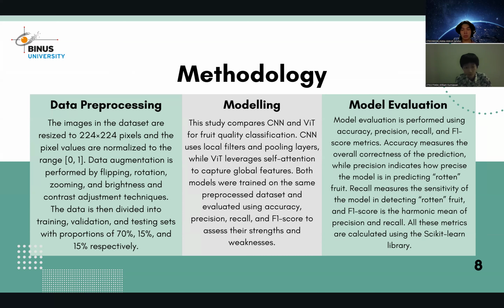Data was split to 70% for training, 15% for validation, and 15% again for testing. CNNs use local filters. ViT use self-attention for global features. We use scikit-learn to calculate accuracy, precision, recall, and F1 score.